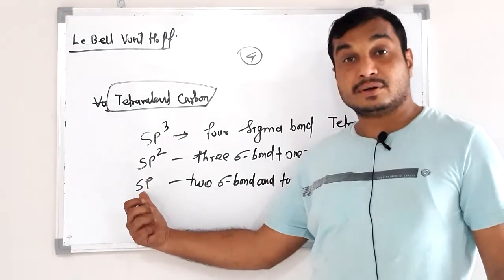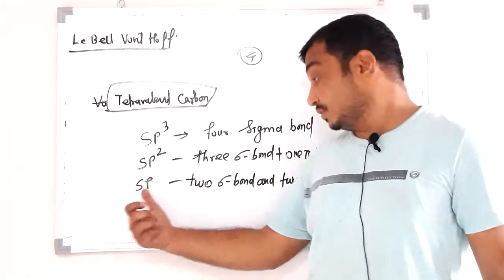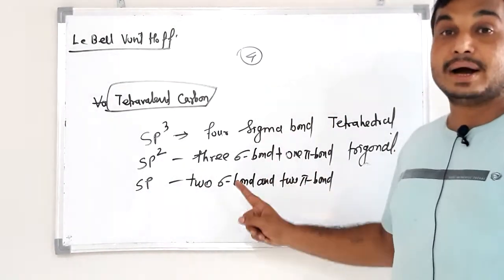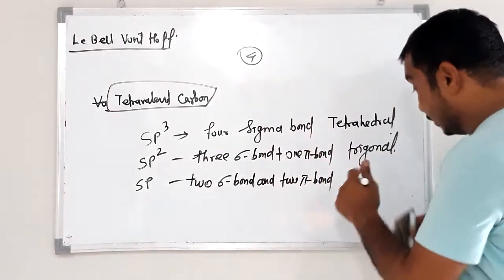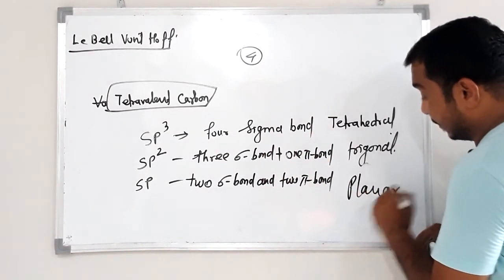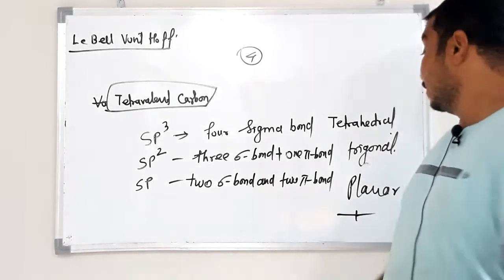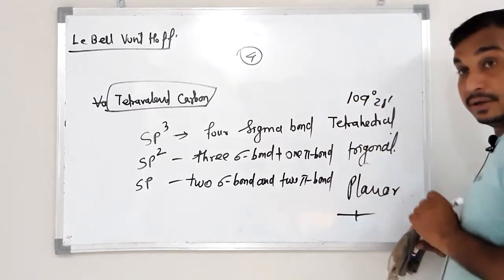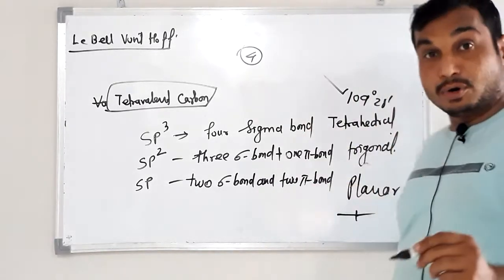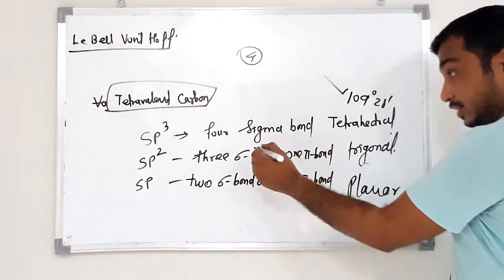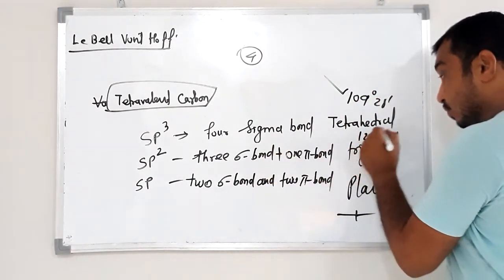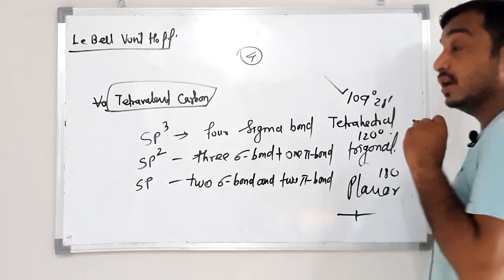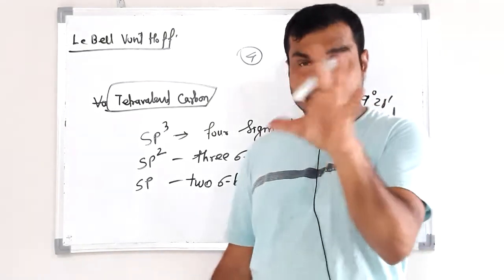In case of carbon with sp hybridization, the carbon has 2 sigma bonds and 2 pi bonds, and the geometry is linear with bond angle 180. In tetrahedral geometry, the bond angle is 109 degrees 28 minutes, called the tetrahedral bond angle. In sp2 hybridization, the bond angle is 120, and in sp hybridization, the bond angle is 180. So this is the basic idea.